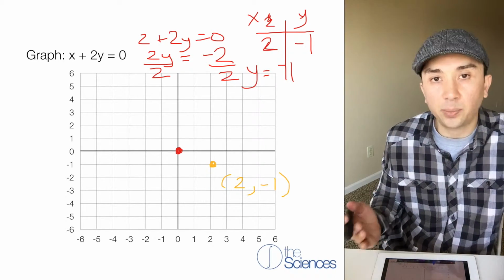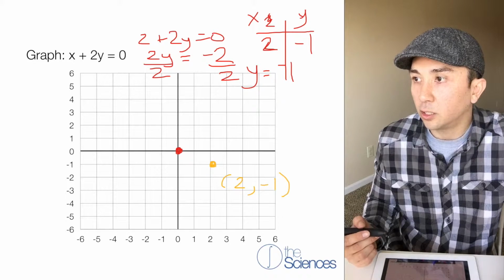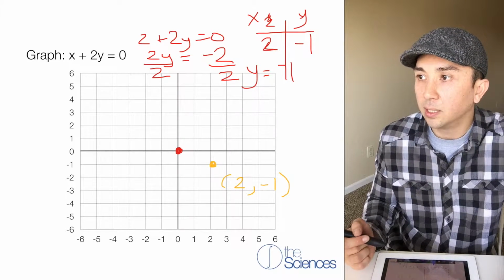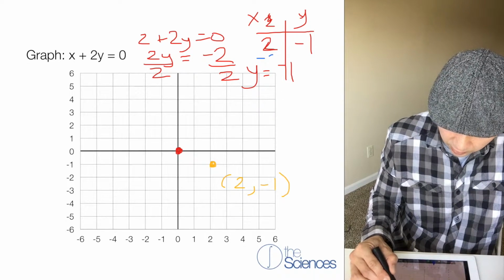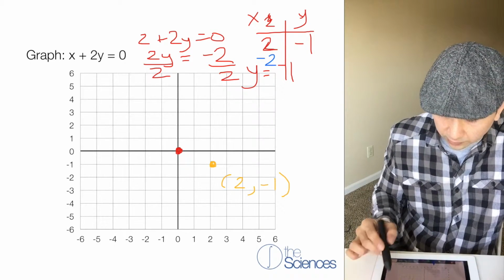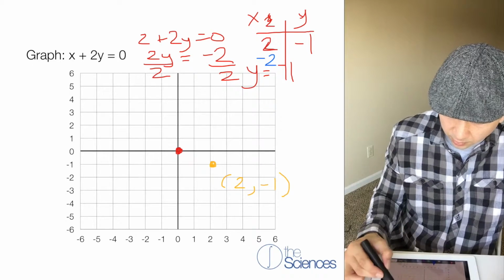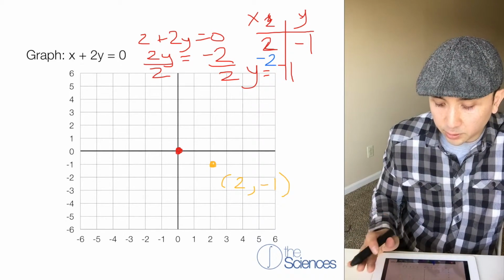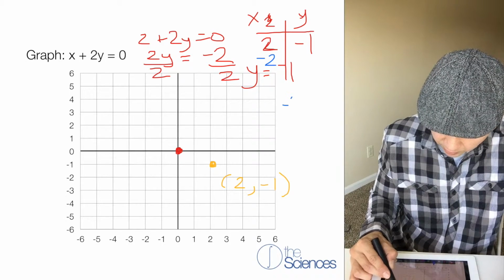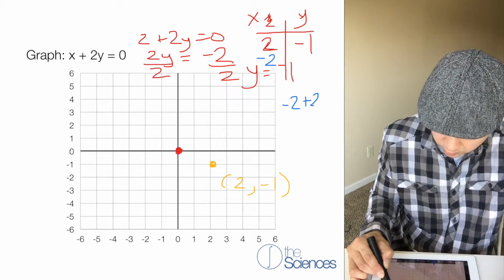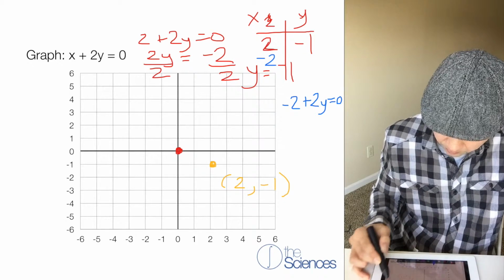So now let's pick another point. So what would y be if x was negative 2? So all we're going to do is substitute negative 2 in the equation. So now here we have negative 2 plus 2y equals 0.